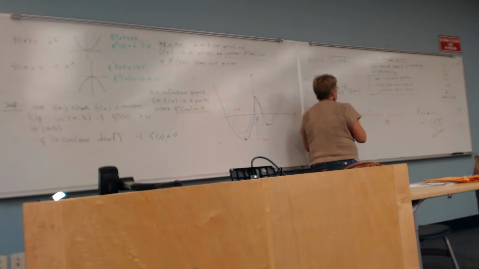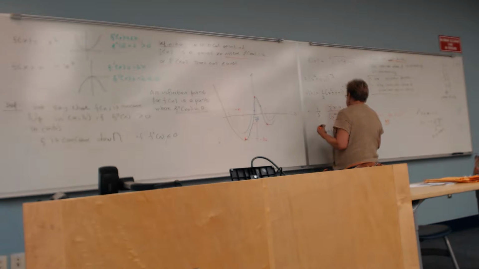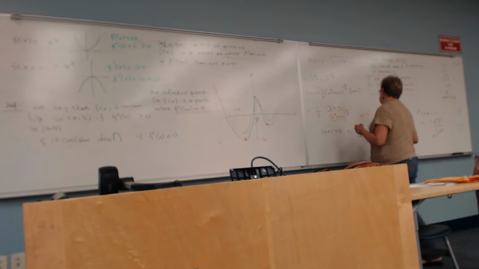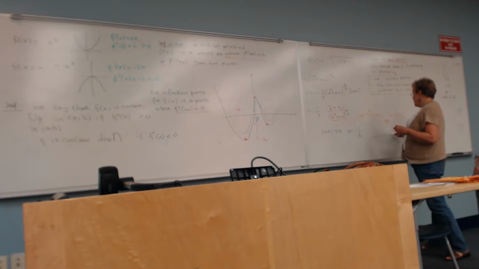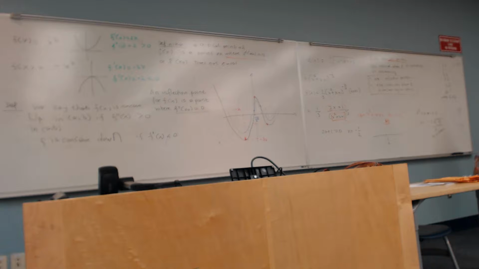And the only critical point can come from 2x plus 1, right? So we solve 2x plus 1 equals 0. So that means that x equals negative a half. And now if we do our favorite graph, well, that's a very simple graph, right? Because it's an equation of degree 1.